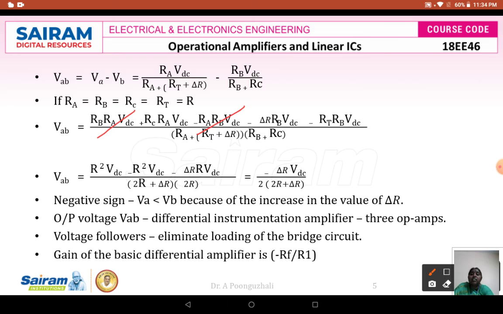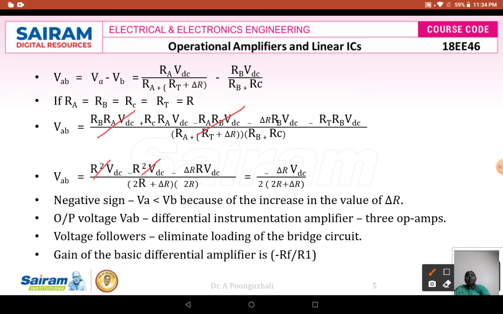So when RC is equivalent to RA is equivalent to R, I can have it as R square VDC, and similarly this I can have it as R square VDC. So this R square VDC and minus R square VDC will get cancelled, and finally my expression is going to be minus del R into RB into VDC. RB is nothing but R. So del R into R into VDC divided by, your RA is going to be R, RT is going to be R, so we can have it as 2R plus del R into 2R there.